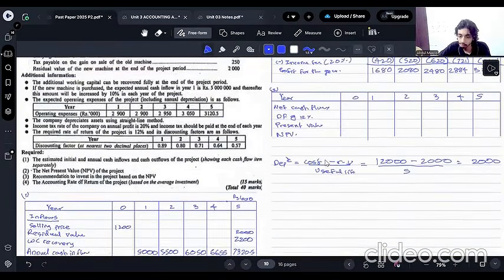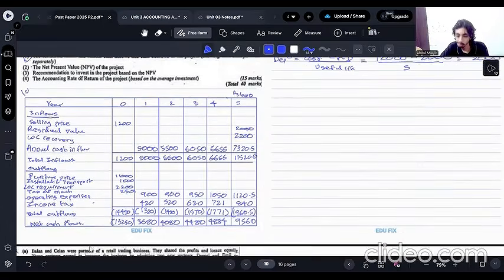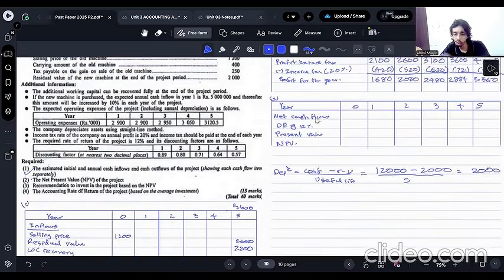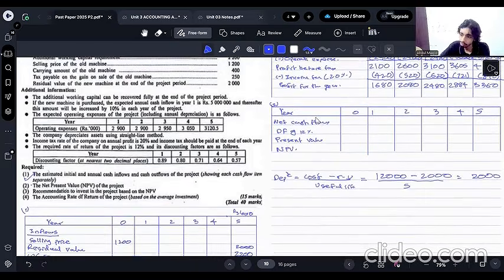Next, that's the first requirement, right? The first requirement to estimate the initial and annual cash flows is done. Next, we'll find the net present value. Now you can continue and record the discounting factor, multiply that with the net cash flow and get the present value in the same table. Because I don't have space, I'm showing it separately. Even if you show it separately in a second requirement, that is also perfectly fine.